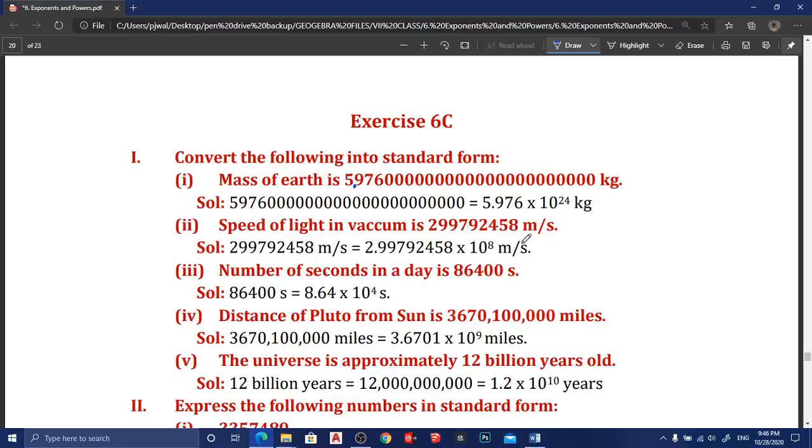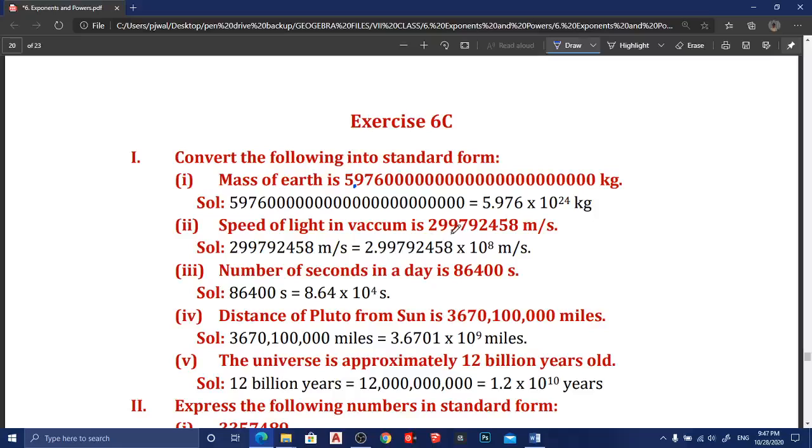If you observe the second problem, you can understand this concept. After putting the point after the first digit, how many digits are there? 1, 2, 3, 4, 5, 6, 7, 8. So 10 to the power of 8 you are writing. But here, up to the end of the digits, all are significant numbers only. There are no zeros, so you have to write all the numbers.